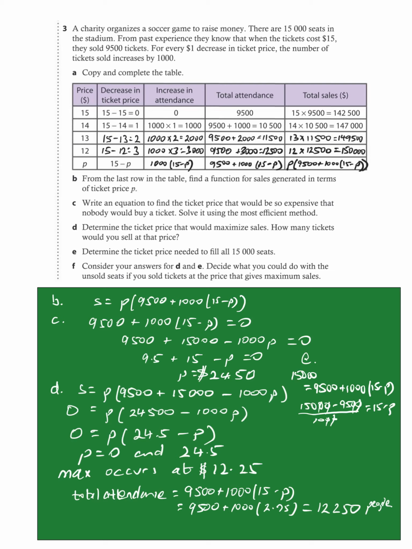And we've got 55 over 10 equals 15 minus P. P equals 15 minus 5.5. So P equals $9.50. Yeah, $9.50. Okay.